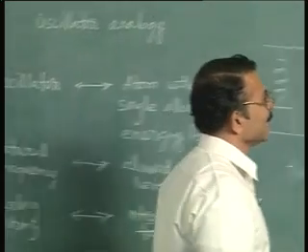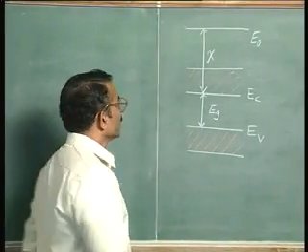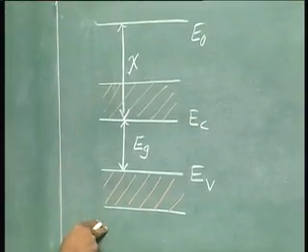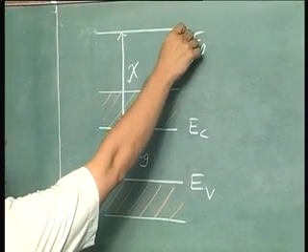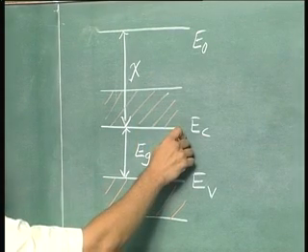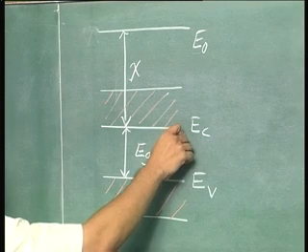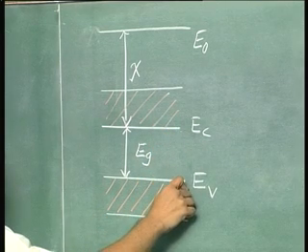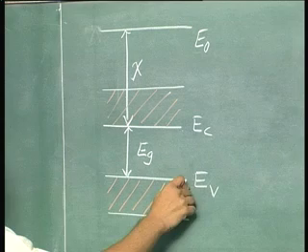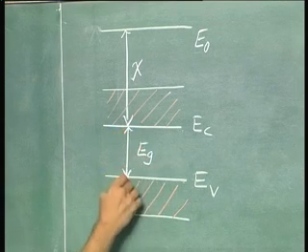So now let us summarize our energy band diagram. We come back to this diagram that we have drawn. E0 is the energy level that is called the vacuum level. EC is the lower edge of the conduction band. EV is the higher edge of the valence band. This EG, the difference between EC and EV, is the energy gap.